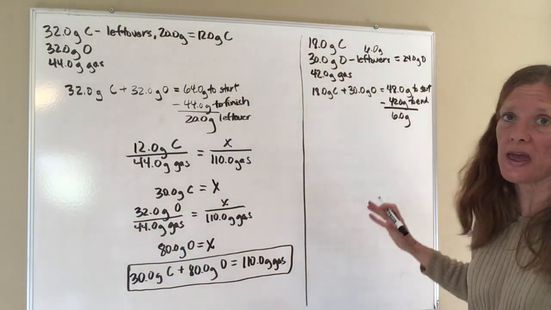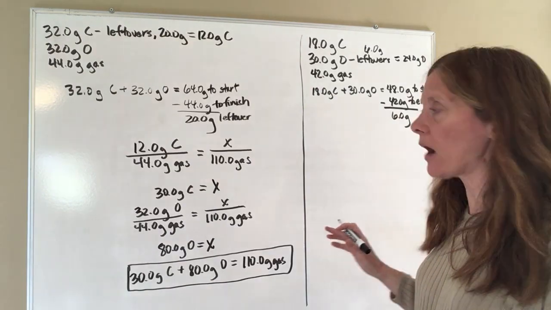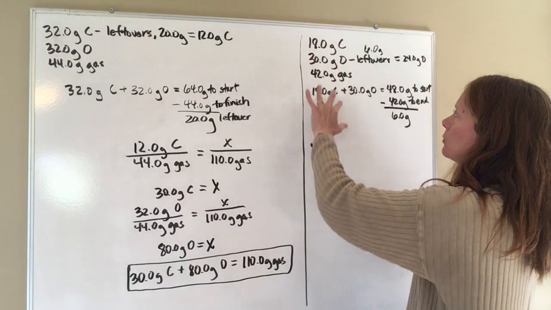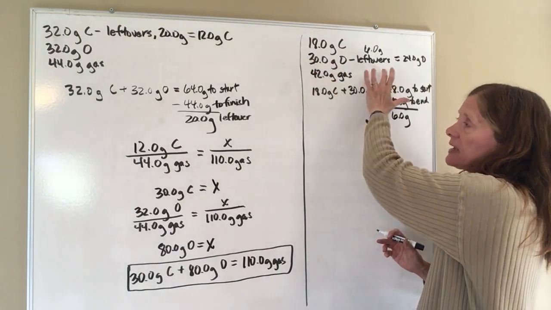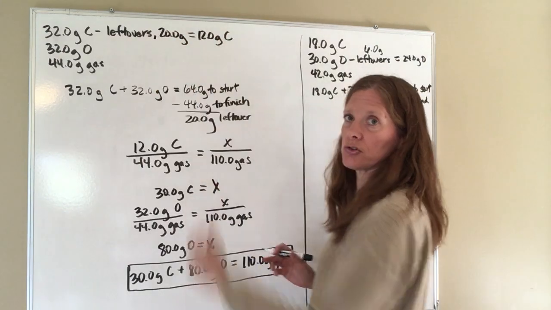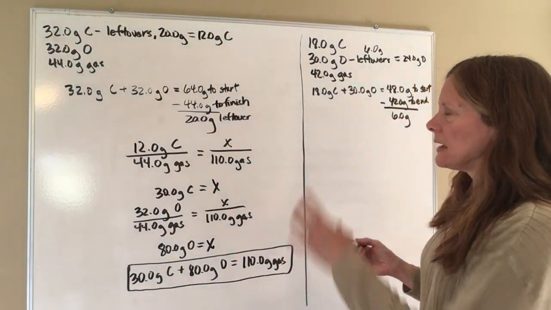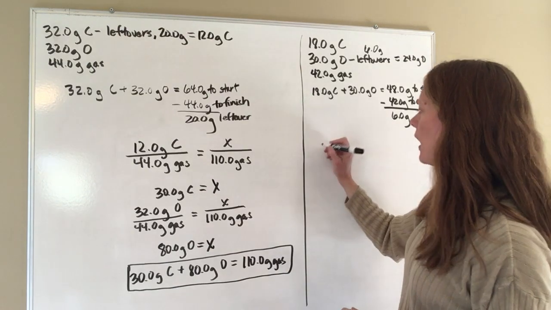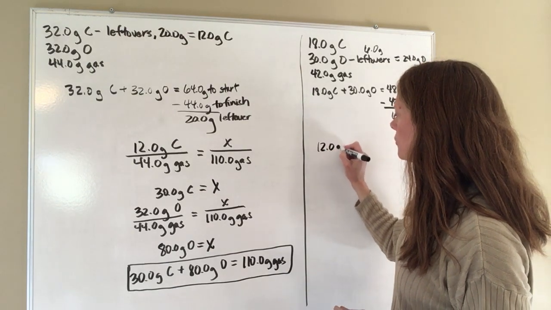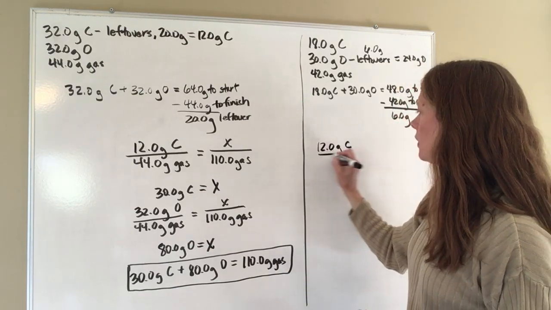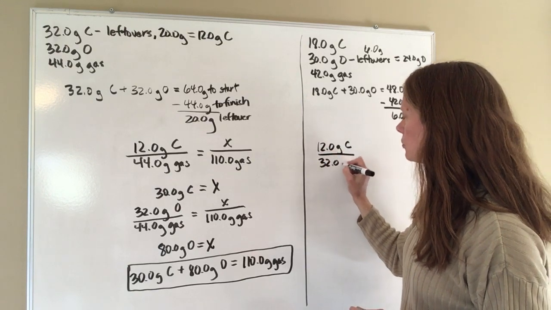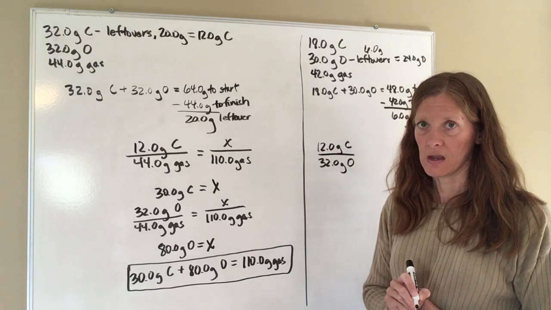Okay, so now that I know that, I can figure out what the proportions were between the carbon and the oxygen here and the carbon and the oxygen over here. In the first example, I used 12 grams of carbon for 32 grams of oxygen.